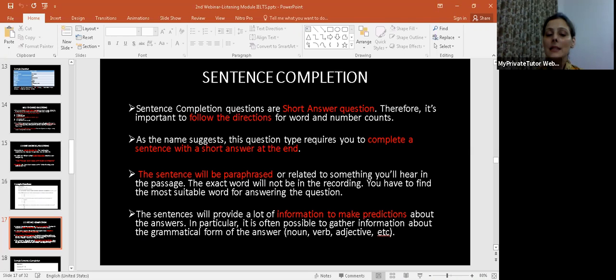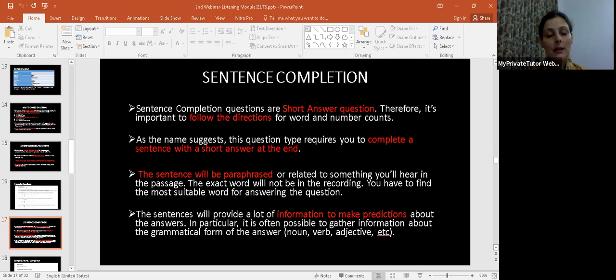The sentences will provide a lot of information to make predictions. In particular, it's often possible to get information about the grammatical form of answers. Maybe some of the blanks are to be filled in by verbs, nouns, adverbs, adjectives, something like that.